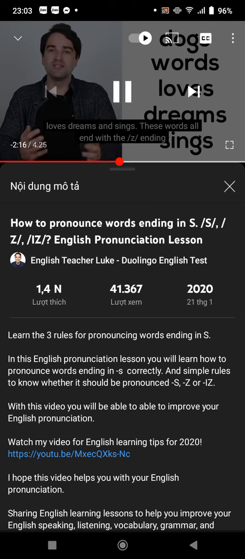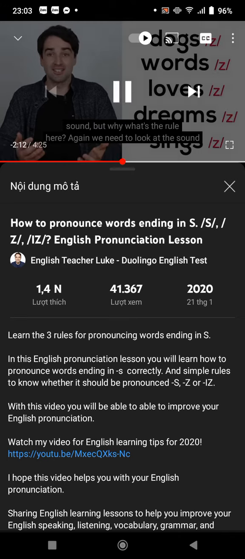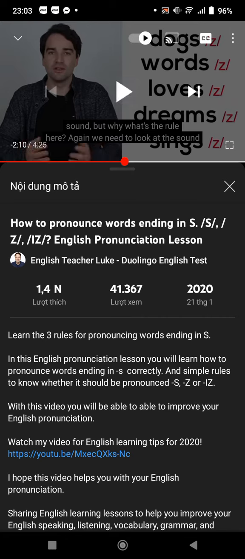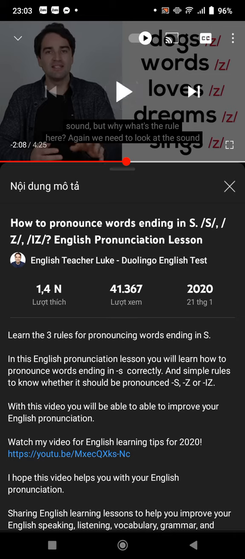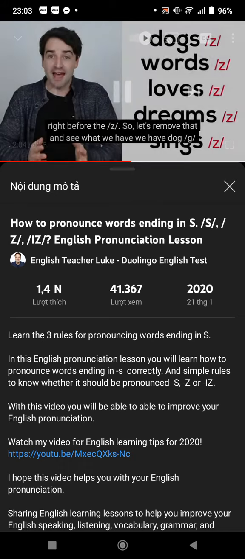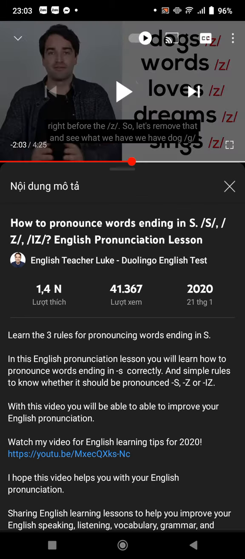These words all end with the Z ending sound. But why? What's the rule here? Again, we need to look at the sound right before the Z. So let's remove that and see what we have.